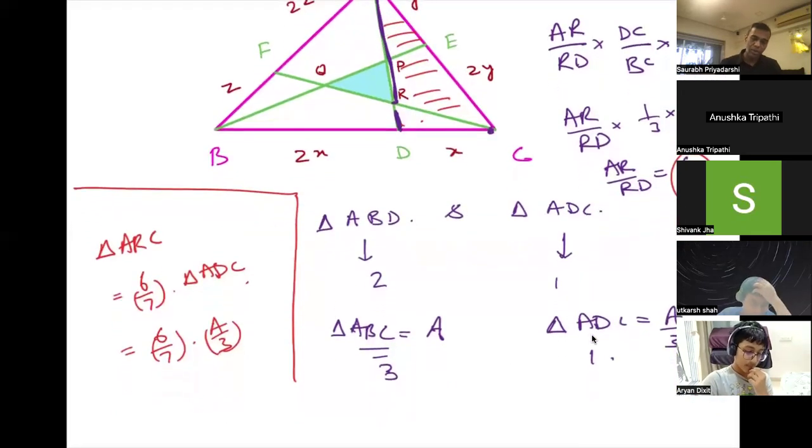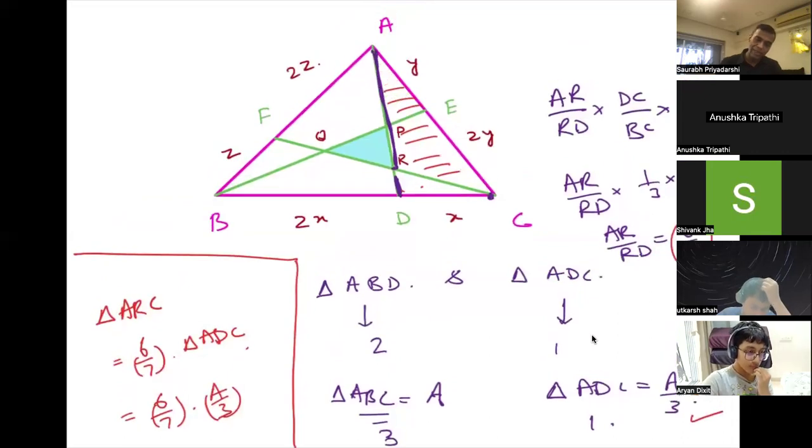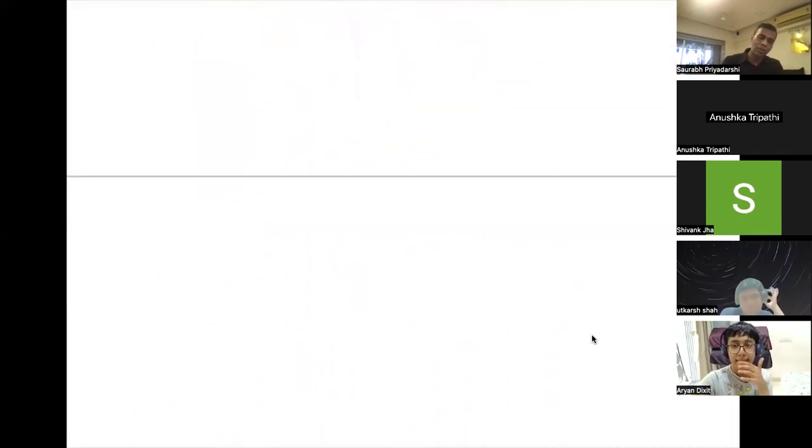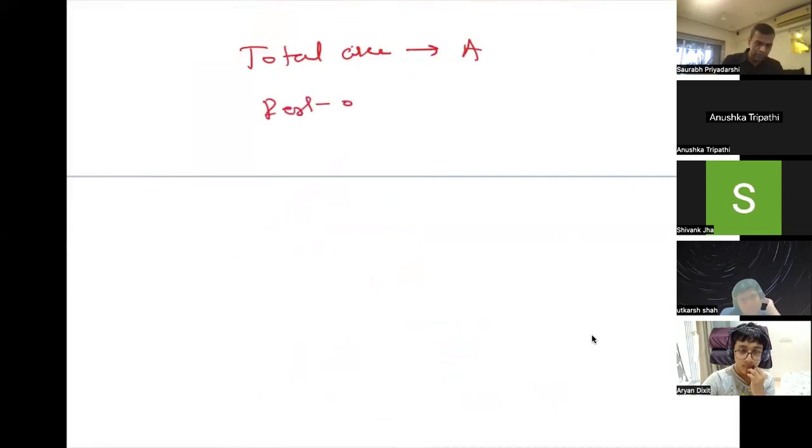Or if this is ARC, then APB and BQC will again have the same ratios. So I can say the total area is A and the rest of the area is 6 by 7 into A by 3 into 3 times. 3 cancels.